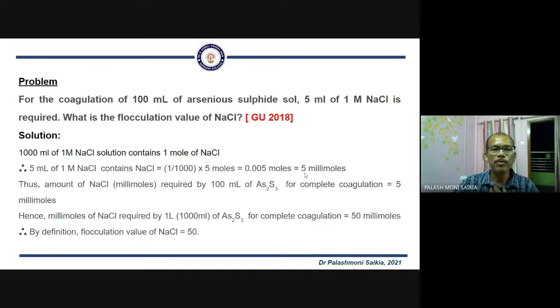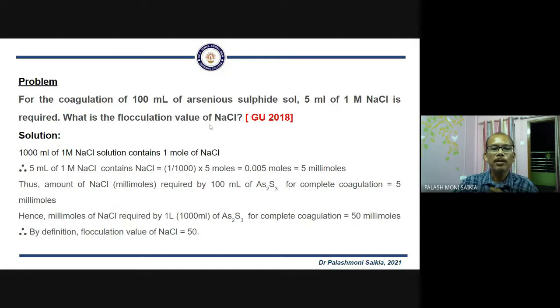So the amount of NaCl required by 100 ml of arsenous sulfide sol for complete coagulation is 5 millimoles.